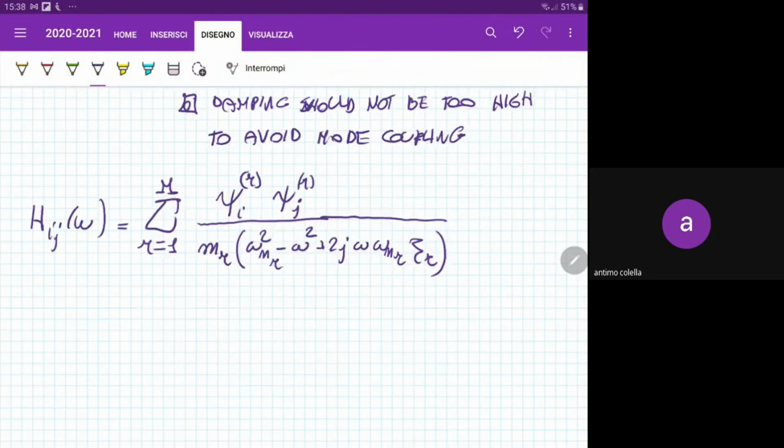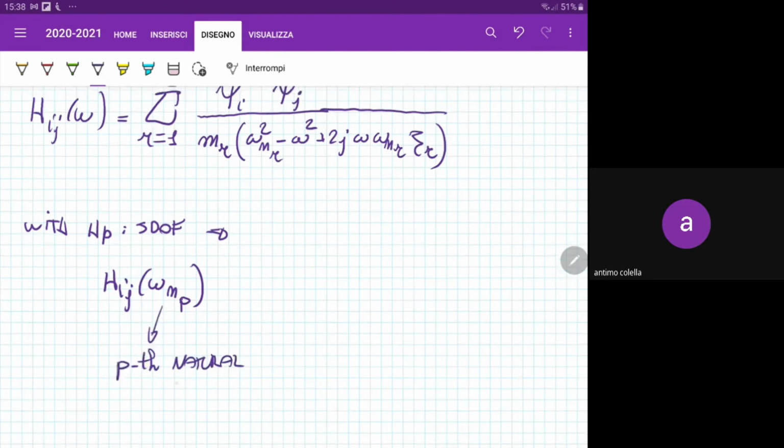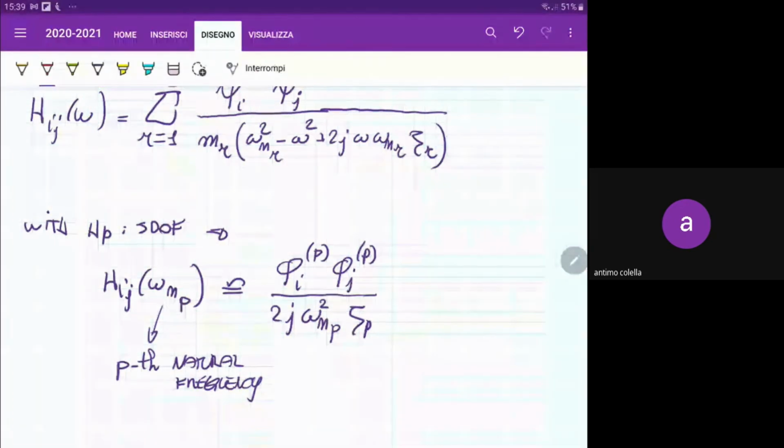Now, with the hypothesis of single degree of freedom in the modal domain, we can rewrite Hij, referring to the pth natural frequency, as phi_i of the p mode, phi_j of the same p mode, divided by 2j omega_p squared theta corresponding to the p mode. Please note that I consider normalized modes now.